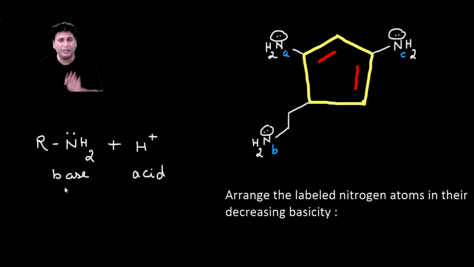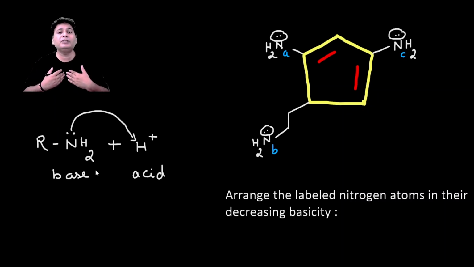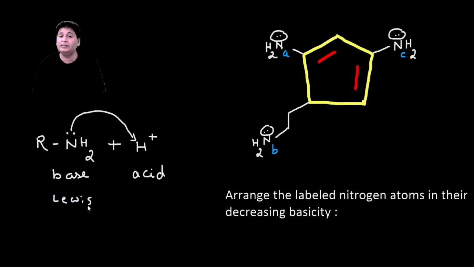By this we mean that the lone pair of nitrogen is given into the vacant orbital of H plus. In short, H plus takes up electrons and nitrogen gives the electrons. The one which gives electrons is called a Lewis base, and the one which takes up electrons is called a Lewis acid.